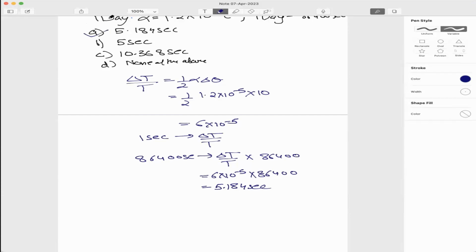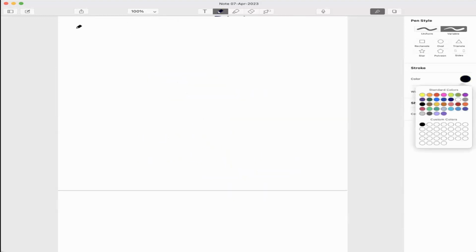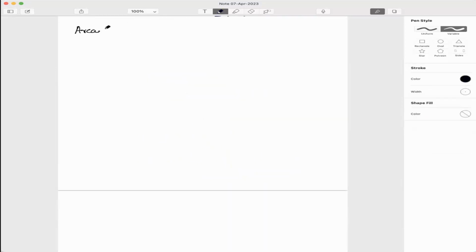Okay, so that's all largely on the linear expansion, the coefficient of linear expansion. Now let's look at other kinds of expansions, that is, volume expansion. First let's look at area expansion.